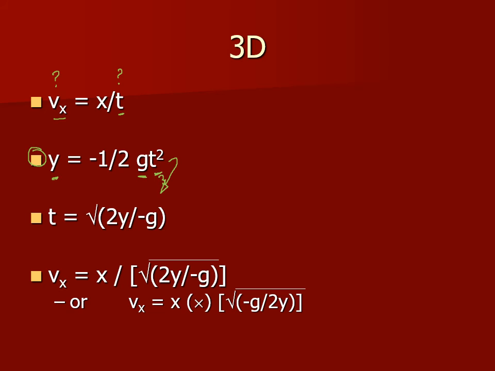This is the very same arrangement we had just a moment ago. That square root symbol should actually go all the way over here. It's difficult to find the actual symbol to type it. And so once you do that, you now have the time, and then you can substitute that in for Vx equals delta x over delta t, and now you know the final velocity, or not the final, but the constant velocity of this object.